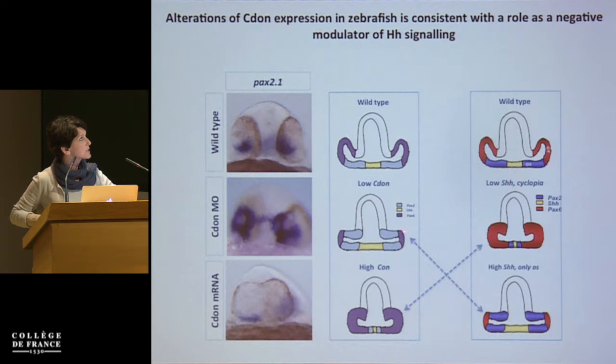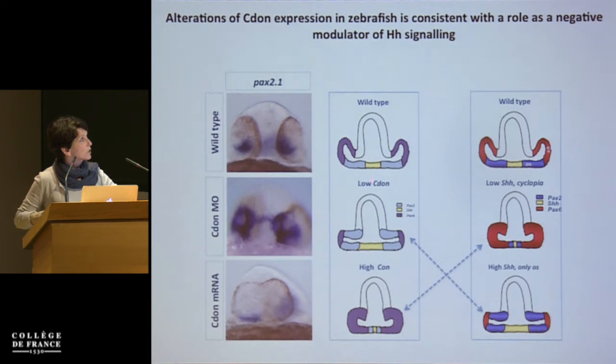In absence of Kidon, or with downregulation of Kidon expression, we observed an expansion of the optic stalk, whereas with the overexpression of Kidon, we obtained a cyclopic embryo with basically two fused eyes.